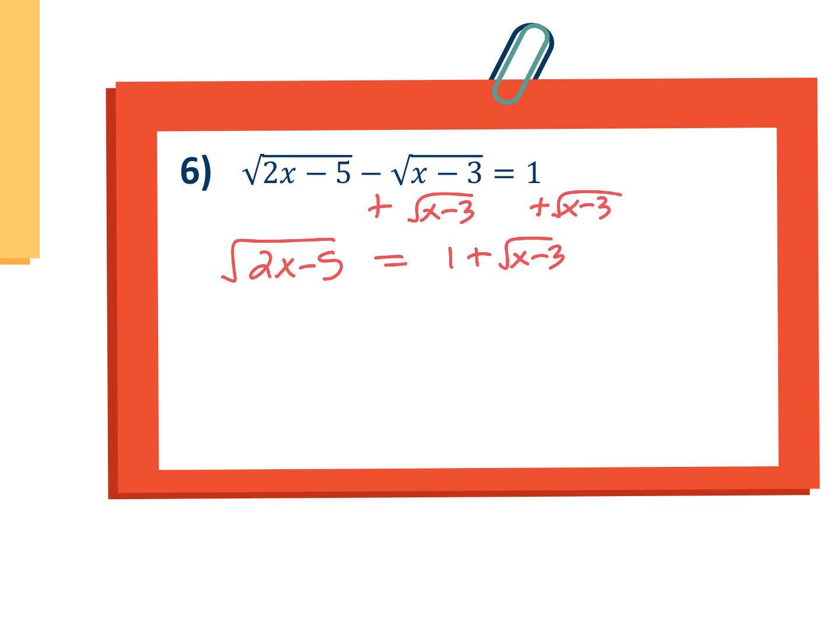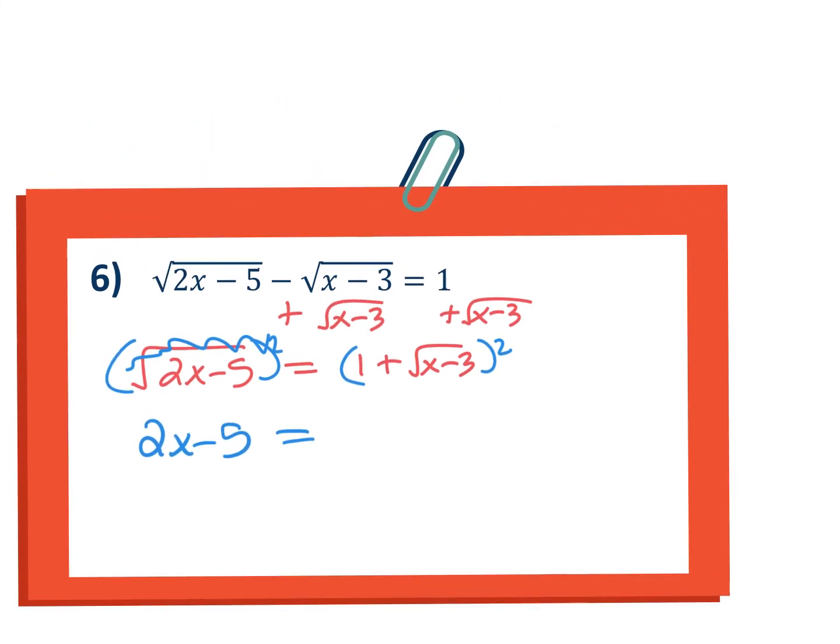Again, I got to square both sides. Square this one, square this one. This one, it just cancels. This one, I'm doing that same thing again. I'm going to do x minus 3, 1 plus x minus 3.